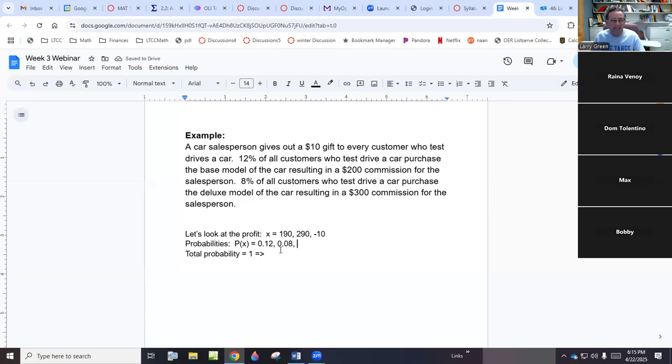Okay, and then we got to do the negative 10. And here's how we get to the negative 10. We use the fact that the total probability of anything happening, if you add them all up, you have to get 1. Okay, that's one of the big definitions of probability, that the sum of all probabilities has to be 1. So that means that 0.12 plus 0.08 plus what we don't know, let's call that P for probability, sounds good, equals 1.